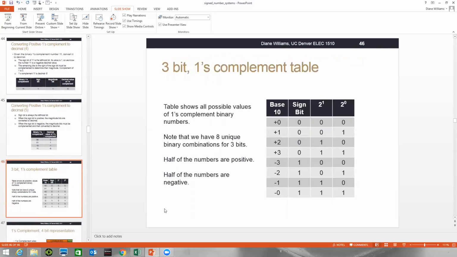Right. Now, let's take a look at how we would do this with a 3-bit representation. So let's actually copy paste. See if we can copy paste this into a spreadsheet and come up with how we do this.